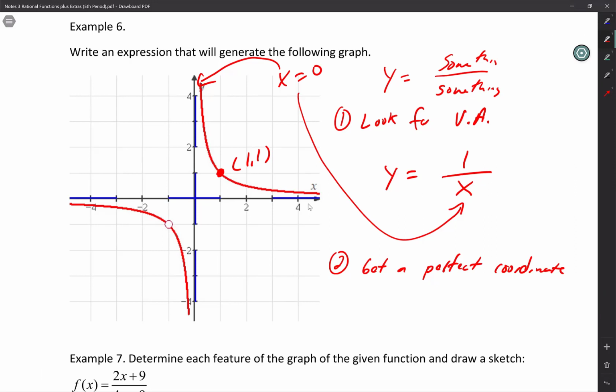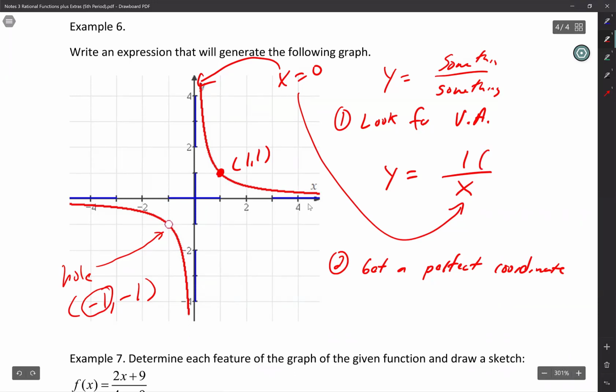All right, so now I observe that I have a hole. This hole is located at -1, -1. Now remember, we said in order for us to have a hole, the factor in the numerator must cancel out the factor in the denominator. So I'm going to do the opposite of that -1. So I have to say x plus 1 on the top, x plus 1 on the bottom.